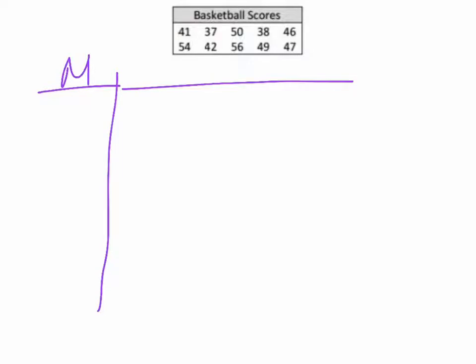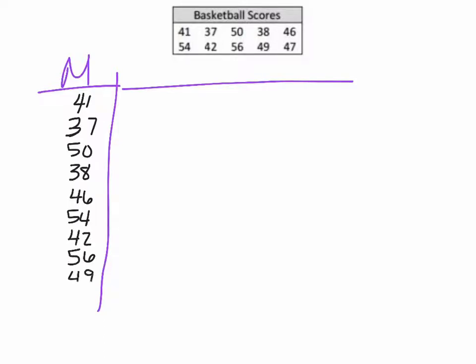My first number is 41, 30, 37, 50, 38, 46, 54, 42, 56, 49, and 47. Now, I always count these to make sure I have the right number. 1, 2, 3, 4, 5, 6, 7, 8, 9, 10. Okay, so 10 matches the table.